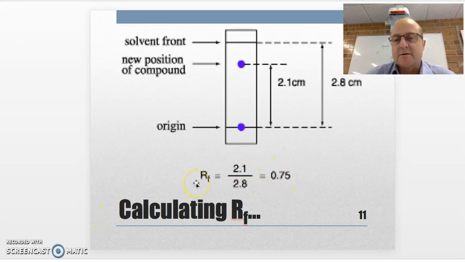That is information you could find in various reference books, and I'm sure you'll be able to find standard RF values for different substances online. So once we've got that number, we can find what it is that has that RF value, and there are resources out there that allow us to do that.